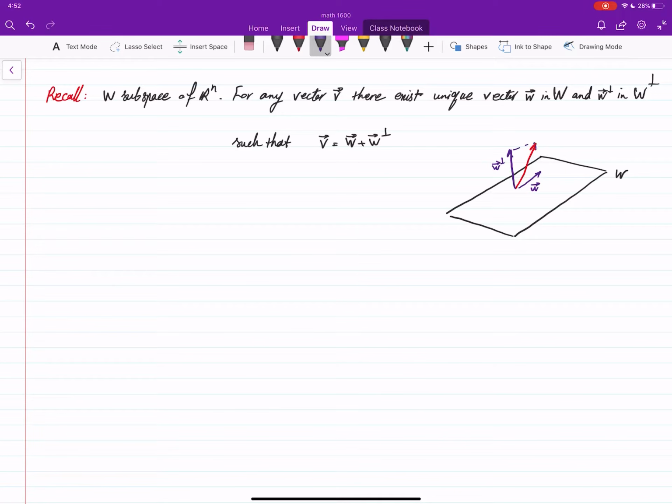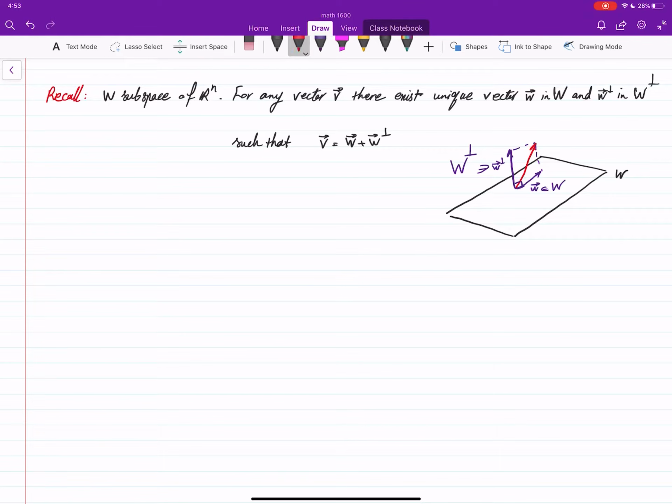These two vectors are perpendicular, or orthogonal. w perp belongs to W perp, and w itself is a vector in W.